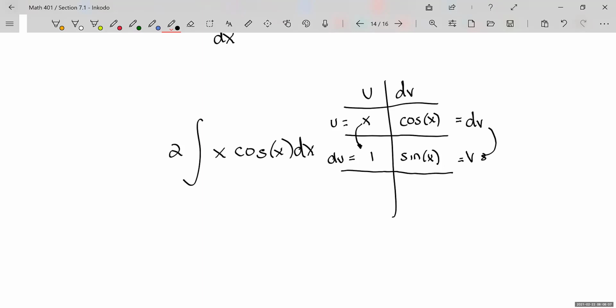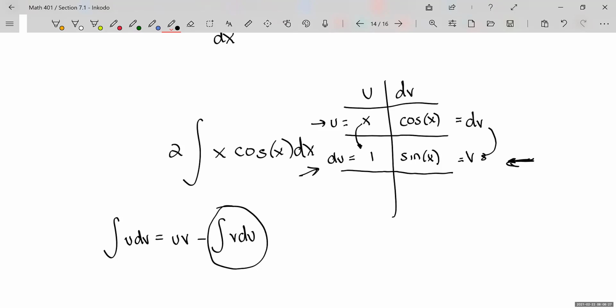Not really, because when you integrate something u dv, you end up with a u times v, this times this, minus the integral of v du, the integral of, again, this, but times this. But we haven't actually computed the integral of v du yet. Well, I'd like to.